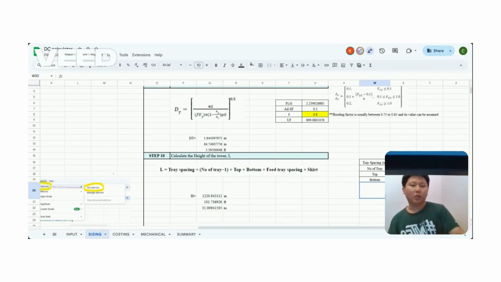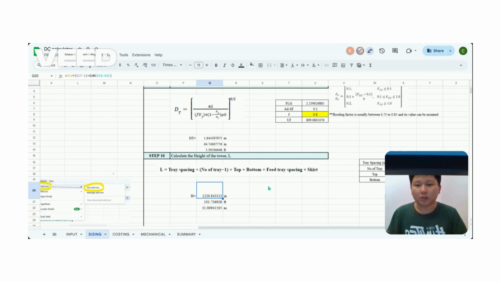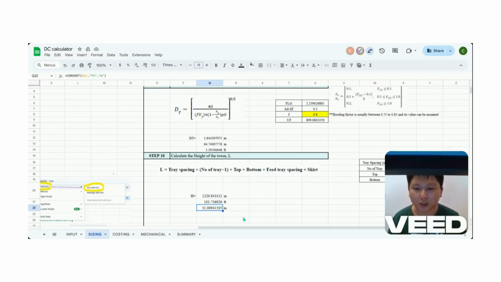By having all these values, we just input them into the formula. So we managed to get 1220.84 inch. It also depends on the unit required. If converted to feet, then it will be 101.7369 feet. If we wish to convert to meter, then it will be 31.0094 meter.